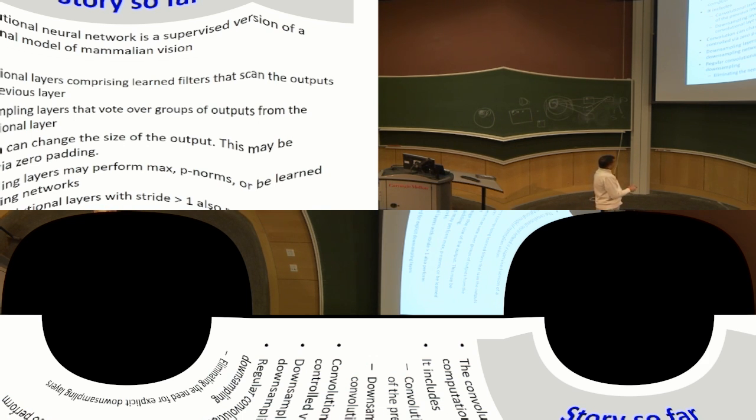Downsampling layers may perform max, p-norms, or be learned downsampling networks. Regular convolutional layers with stride greater than 1 also perform downsampling. Right? Questions?